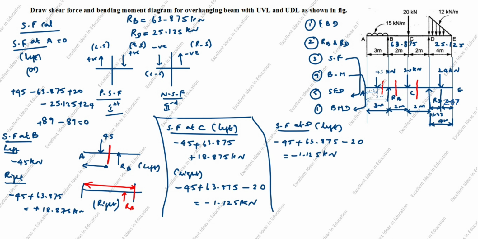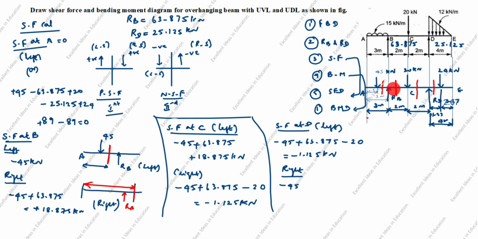Next is right side. Shear force at the right side is up to here. I'll draw and show you here. Up to here we will calculate. You see from here to here we will calculate. This is all left side. You see the arrow comes down. Down is, you see, minus 45. Next you see the arrow goes up.